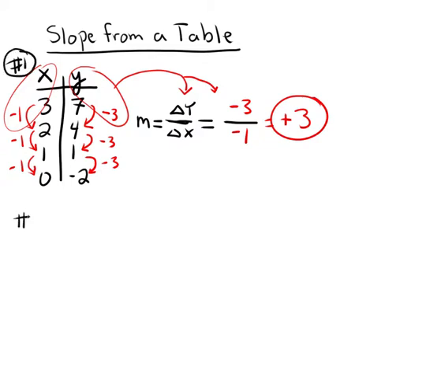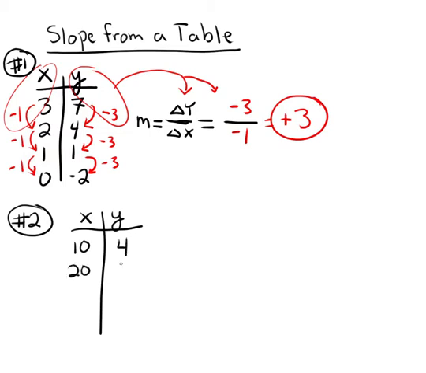Example number 2. X and Y. I always like to put those up there because they really help me organize my information. So we have X is 10, 22, and 30, and Y is 4, 2, and 0.